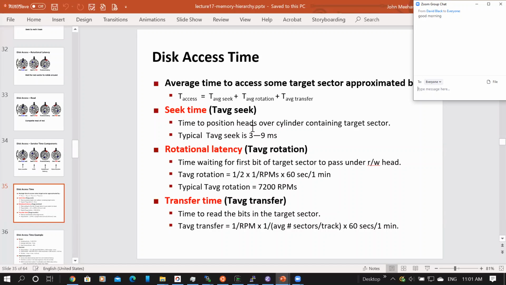There is a phenomenon going on where, when it's sitting still, to get it up to the speed that it needs to travel, there's a little ramp up time and an inertia there. Once it's up at the speed that it actually travels at, it goes pretty fast across the tracks, and then you've got to slow it down and bring it back down to zero, and then wait for the head to quit settling.